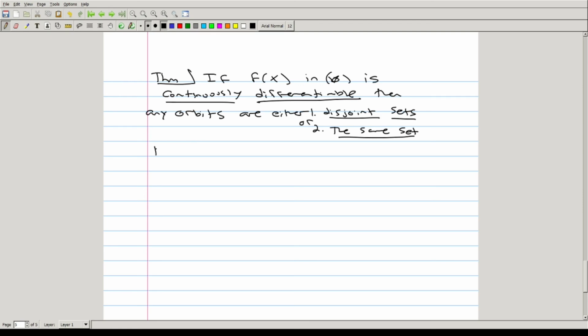The proof of this isn't really that difficult, so I'm going to leave it for you to go through and prove on your own. All of the proofs that I'll talk about are in the Kelly book, our course text. It uses the previous shifting theorem.